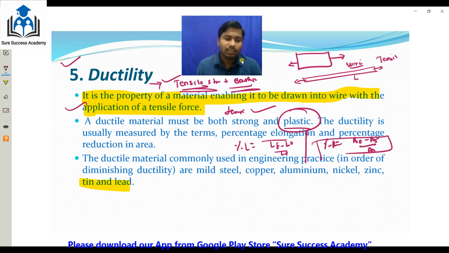If the elongation is more than 5%, the material is called ductile. If the elongation is less than 5%, it is called a brittle material. Aluminum, nickel and zinc are ductile materials.